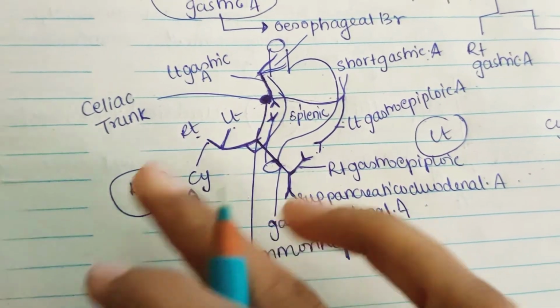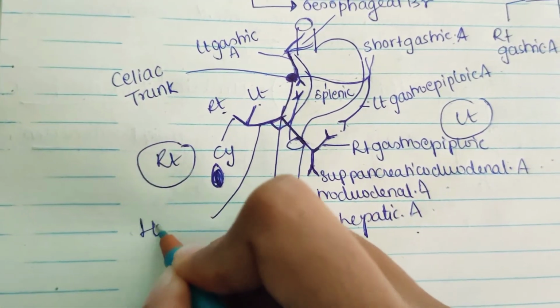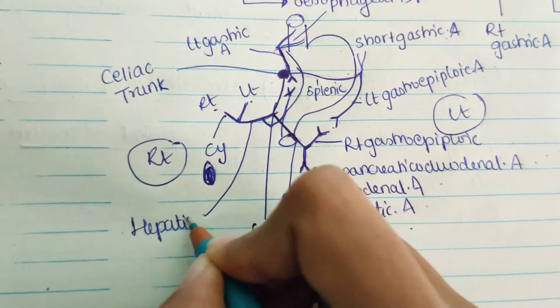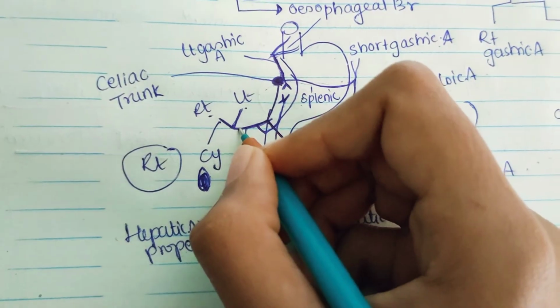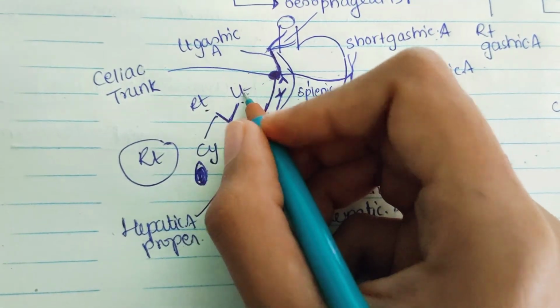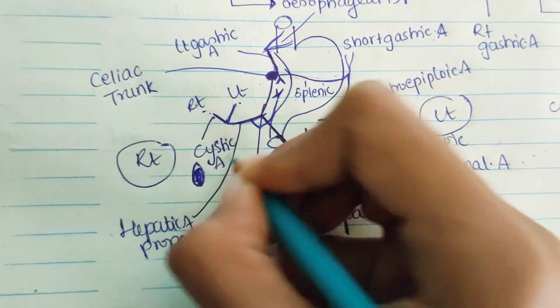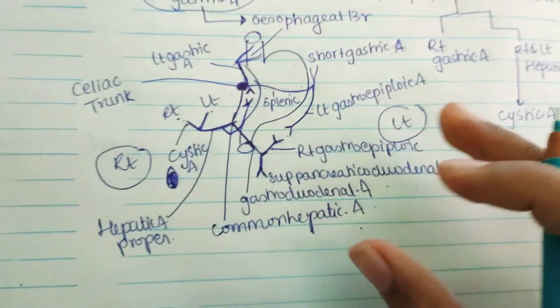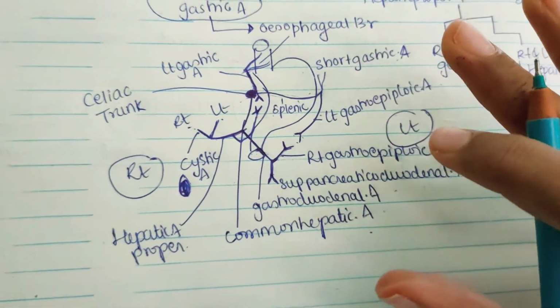Okay, now coming to this side, this is hepatic artery proper. Okay, this hepatic artery proper is divided in right and left hepatic artery, and this right hepatic artery is divided into cystic artery, which is supplying gallbladder. So by this we have covered all the blood supply of the stomach. I hope you have understood it.